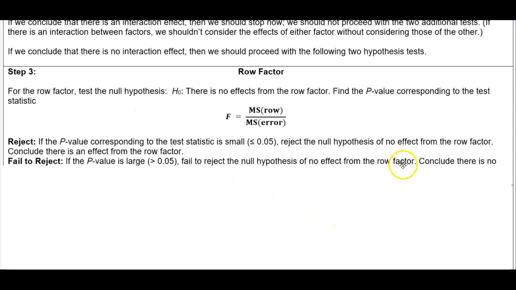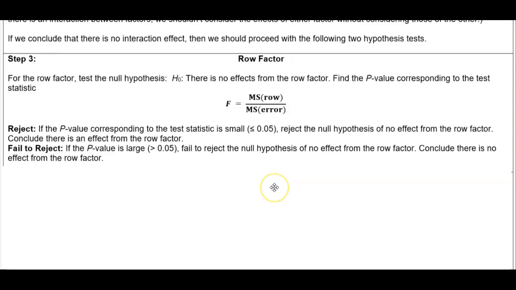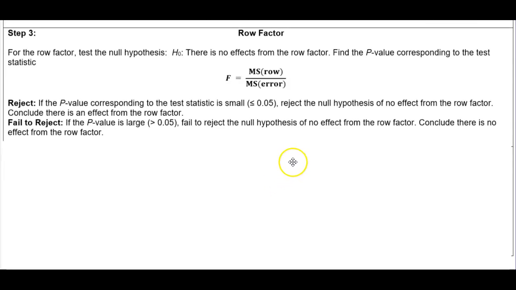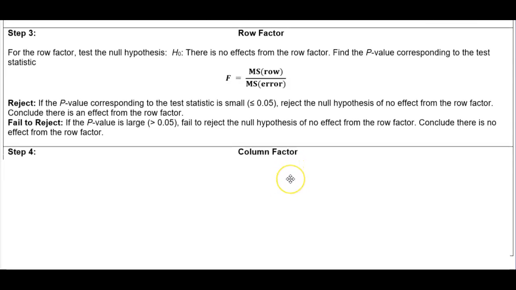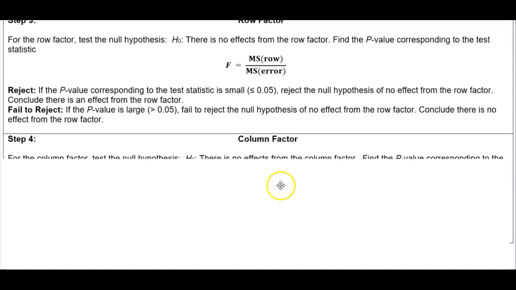Reject the null hypothesis of no effect from the row factor. Conclude there is an effect from the row factor. Fail to reject if the p-value is large, greater than 0.05. Fail to reject the null hypothesis of no effect from the row factor, and then conclude there is no effect from the row factor.